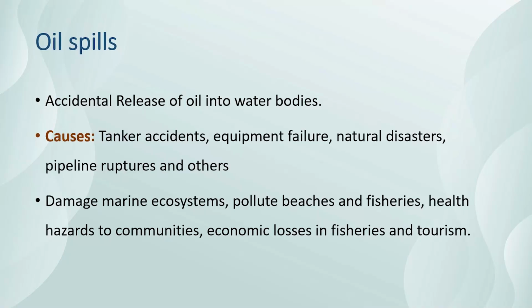They may cause oil to flow into natural and water bodies, thus causing hazardous conditions for the communities and also for the flora and fauna. They damage marine ecosystems and pollute beaches and fisheries. There are also many health hazards to communities due to oil spills, and we can see a lot of economic losses in the fisheries and tourism industry because of such man-made disasters.